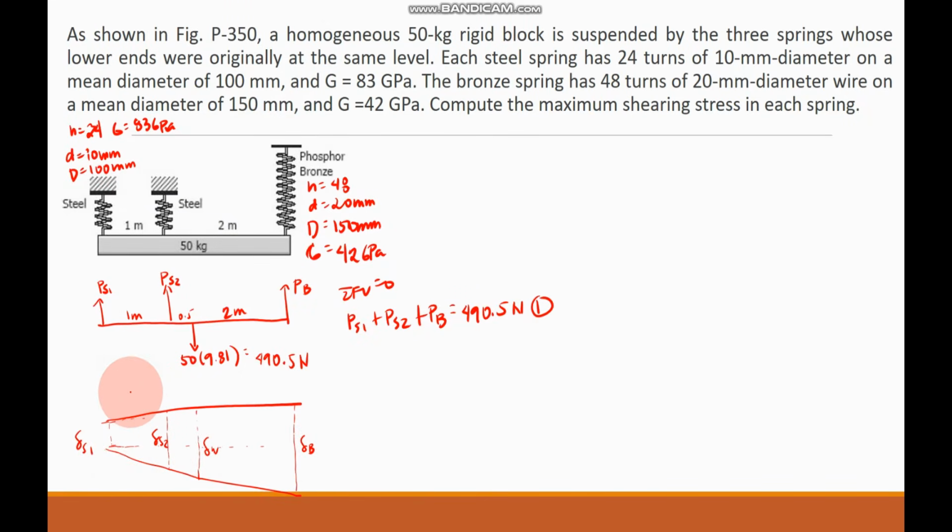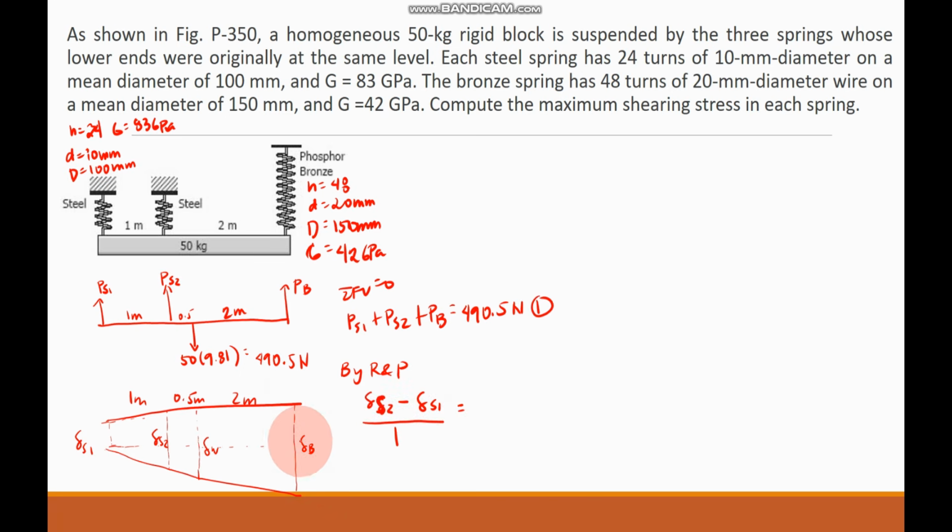So this is equal to 1 meter, then 0.5 meters, and then 2 meters. So by ratio and proportion, the deformation of the second spring, so this is S2, minus the deformation of the spring 1 equal to 1 meter.